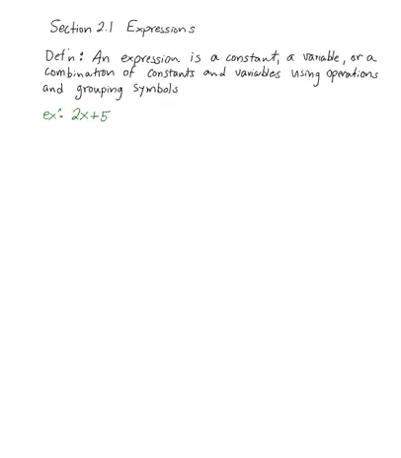This would be 2 times a number plus 5. And that's not the only correct answer. I could have said the product of 2 and a number plus 5, or the product of 2 and a number added to 5. Lots of different ways I could have said it.